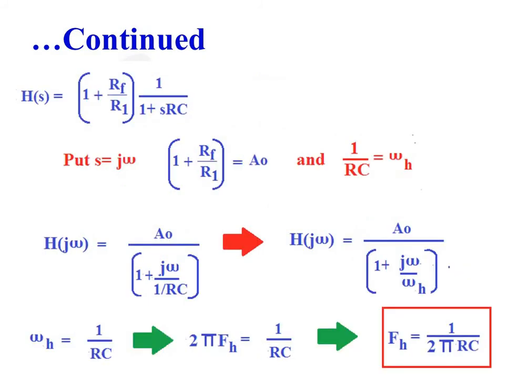Put S is equal to j omega in the equation for H of S. 1 plus Rf by R1 is equal to A0 and 1 by RC is equal to omega H. So we will get the upper cutoff frequency of the low pass filter as fH is equal to 1 by 2 pi RC.